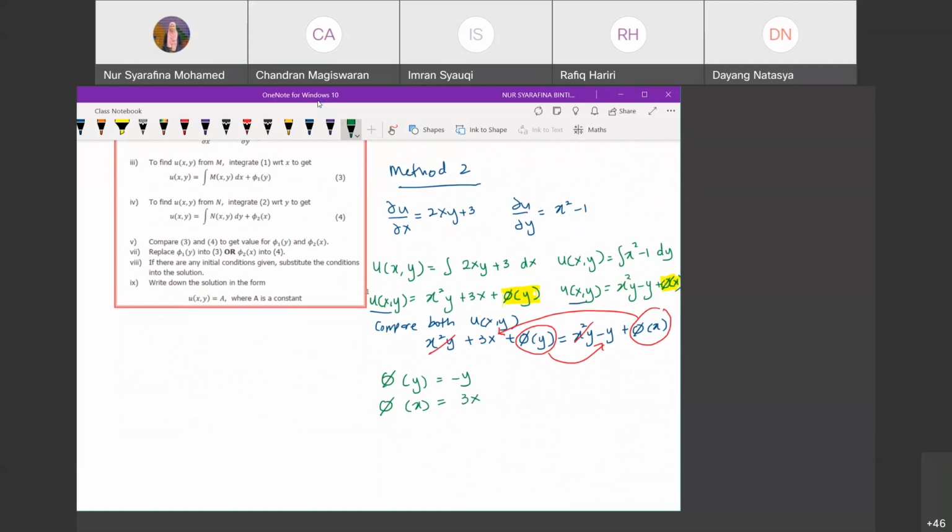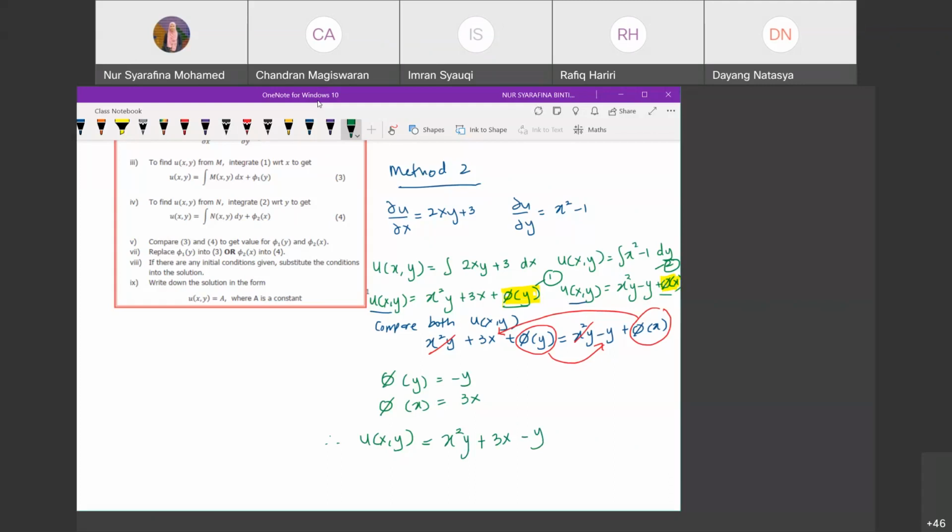Okay, then your u(x,y), you can choose either one. You can choose either the first equation or the second equation. If you choose the first equation, you just substitute what is your psi y. If you choose the second equation, you just substitute what is your psi x. So u(x,y) equals x squared y plus 3x plus minus y.